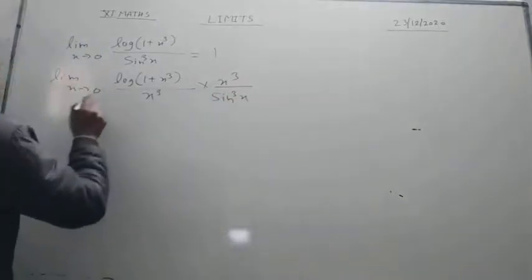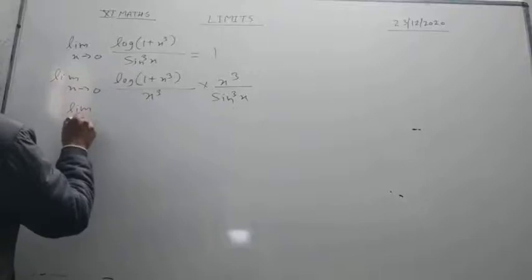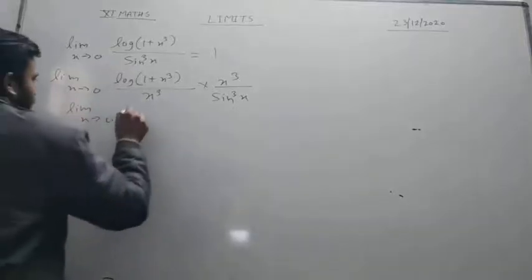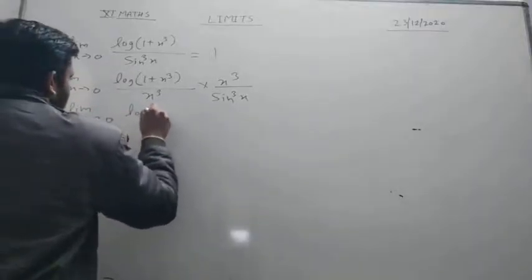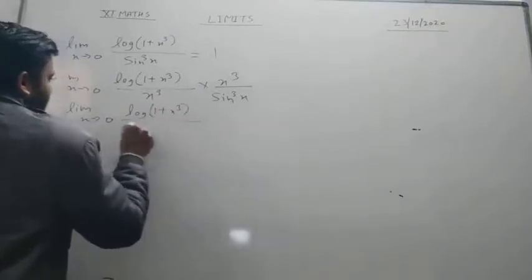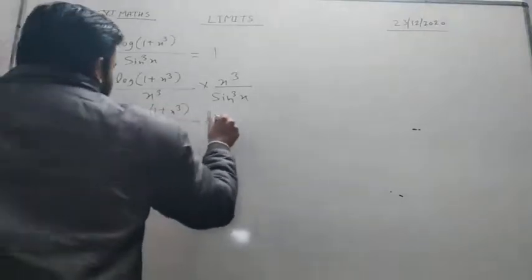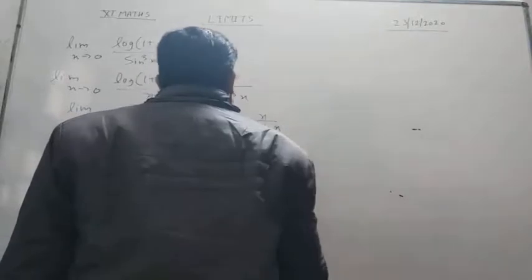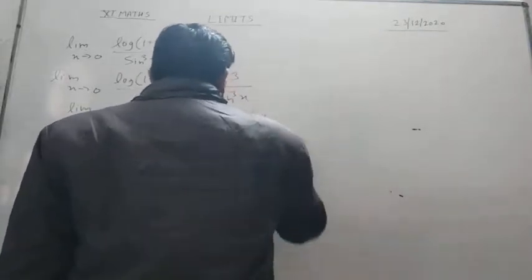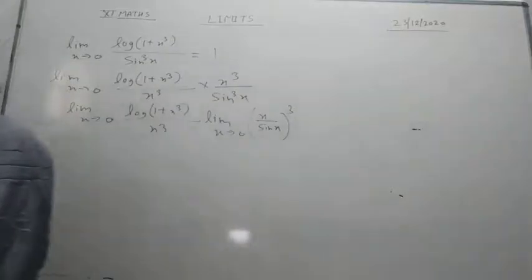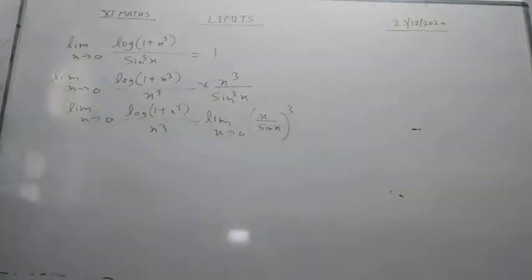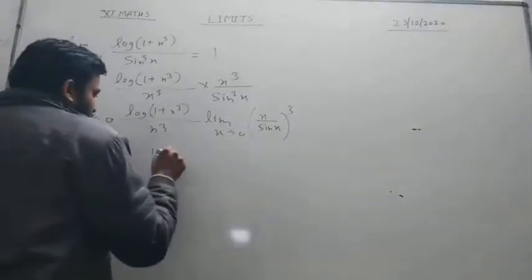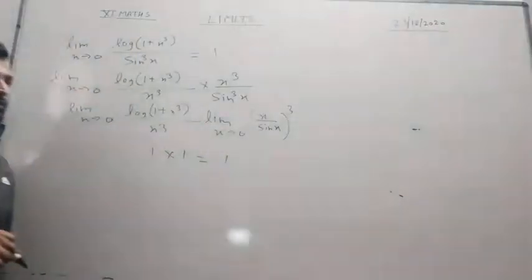Okay student, so this is limit x tends to 0 of log(1 + x cube) by x cube, into limit x tends to 0 of (x by sin x) whole cube. Okay student, now we can write this as 1 into 1, which is equal to 1.